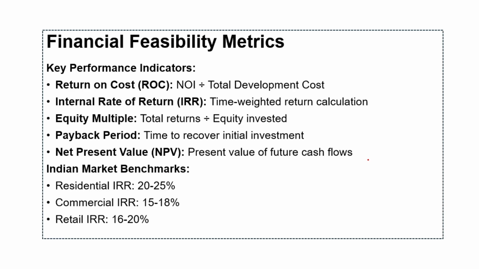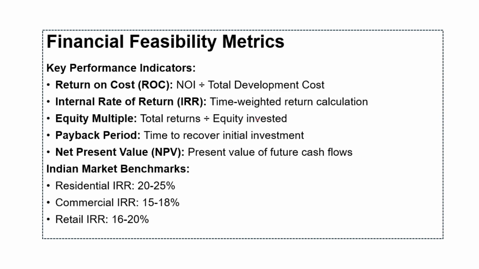Then we go to financial feasibility metrics, the key performance indicators we will look at. So it includes return on cost, ROC, calculated as net operating income divided by total development cost. This metric shows stabilized property performance relative to development investment. This helps compare development return with acquisition alternatives.